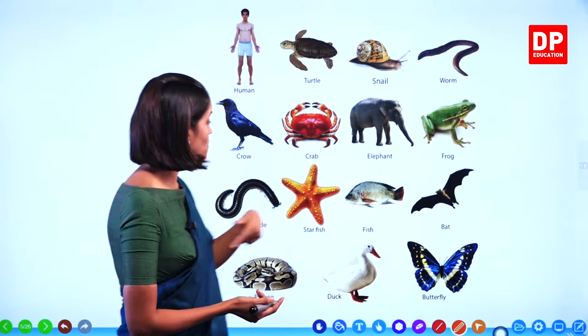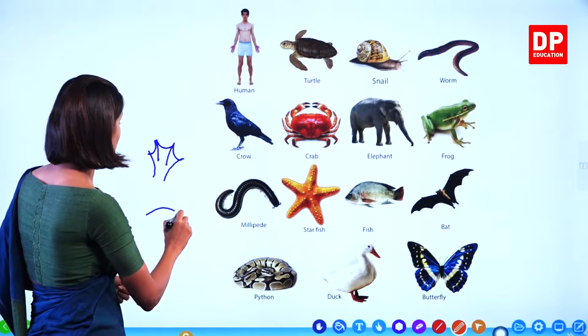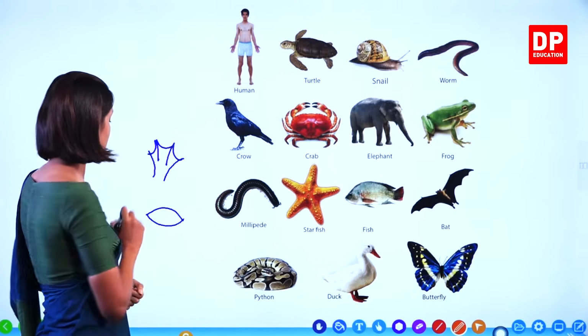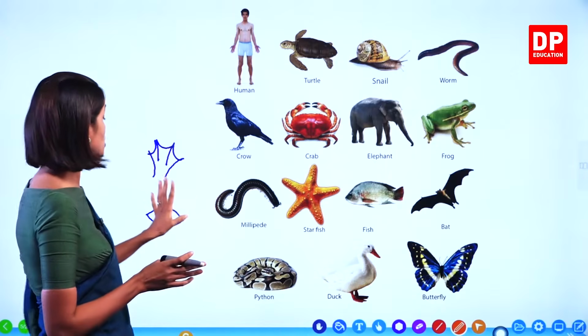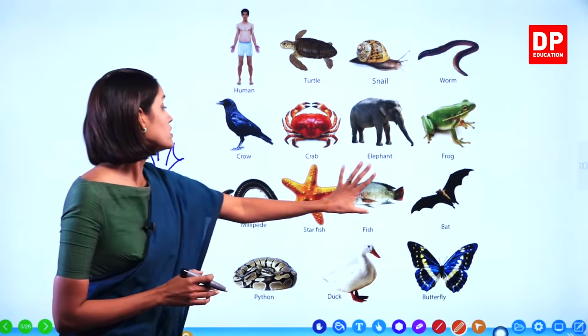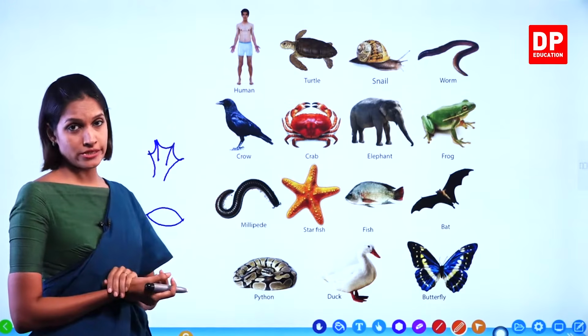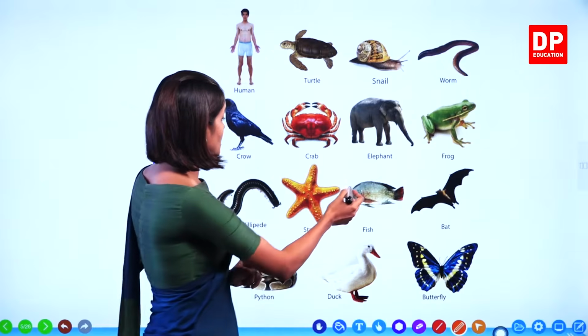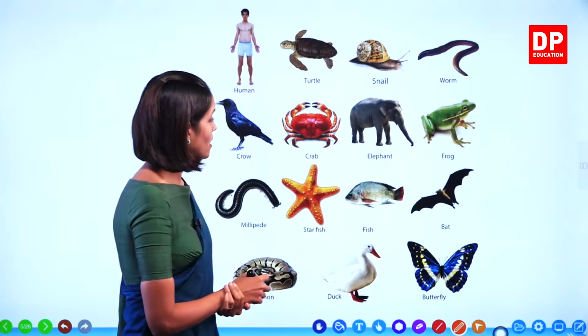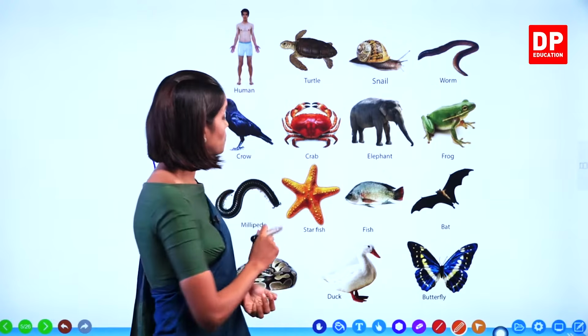The special shape of this fish is known as streamline shape. This shape is very important to swim in water. At the same time, it has fins to swim and it has scales on the body.